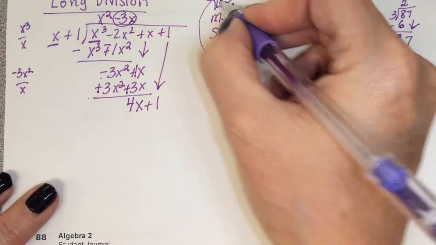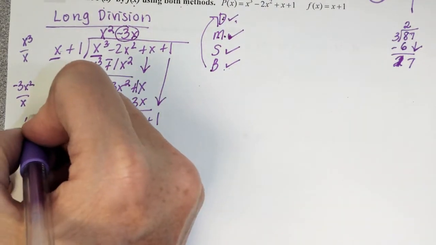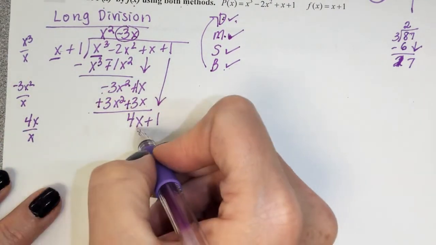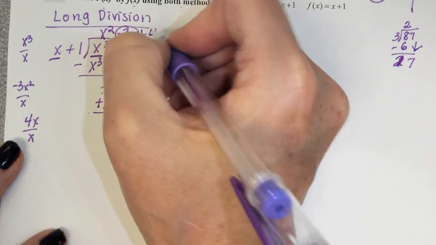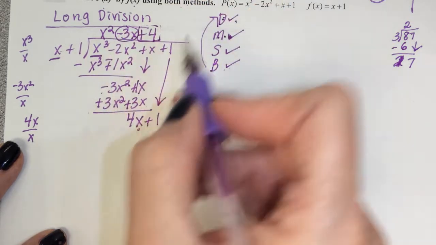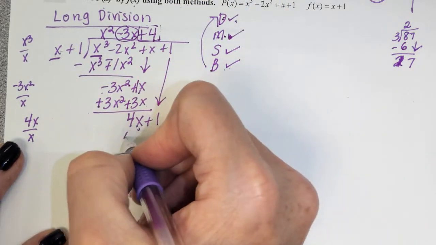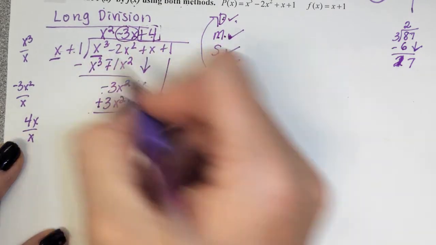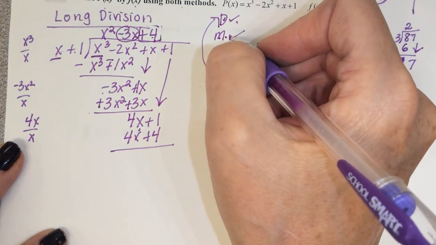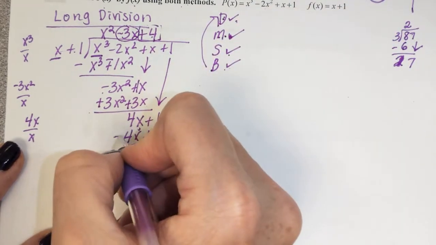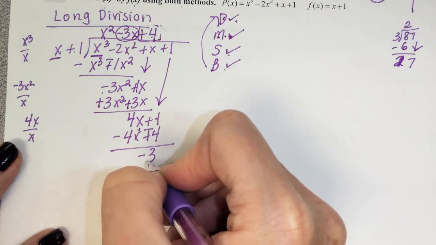Did that. So now I'm back up to the top. Divide. So I have to do 4x divided by x. What is that? 4. So I put plus 4. Now whatever I put here, I have to multiply by this. So 4 times x, 4 times 1. So I just multiplied, and so now I have to subtract. 1 minus 4 is negative 3.